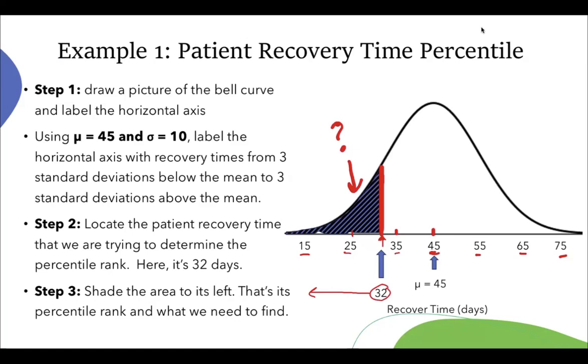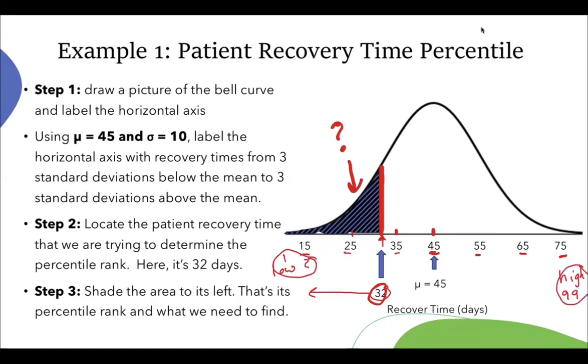Now, I have an expectation of what it's going to be based on the position of 32. I know percentile ranks go from low to high with values of like 99 up here and values of like 1 and 2 down here. These are low percentile ranks. These are high percentile ranks.